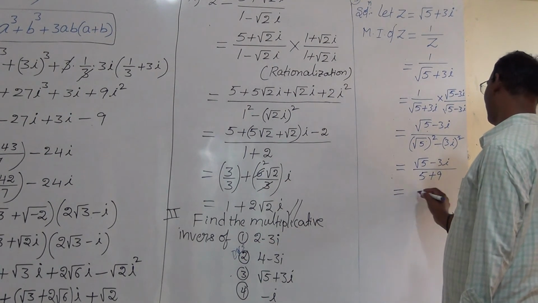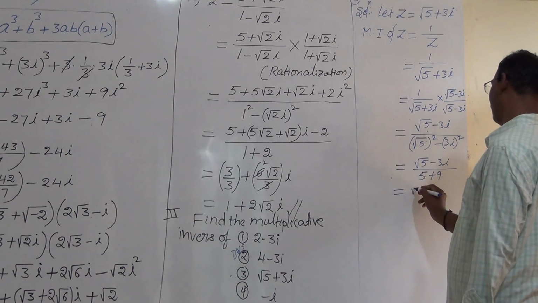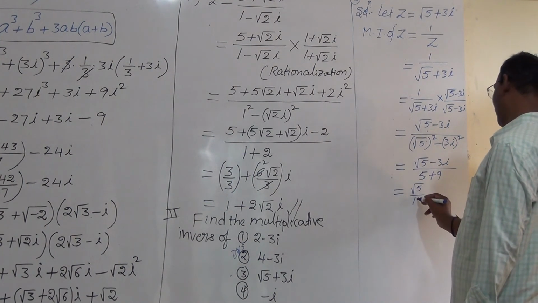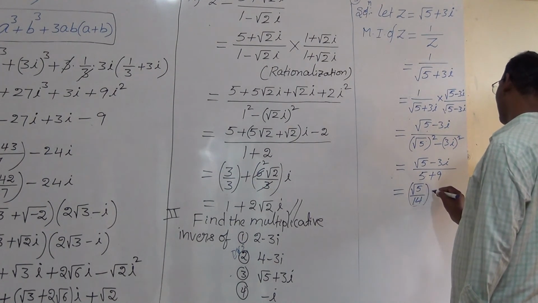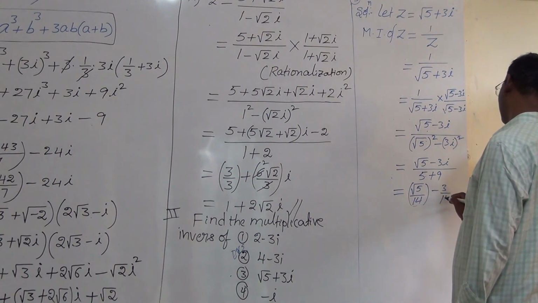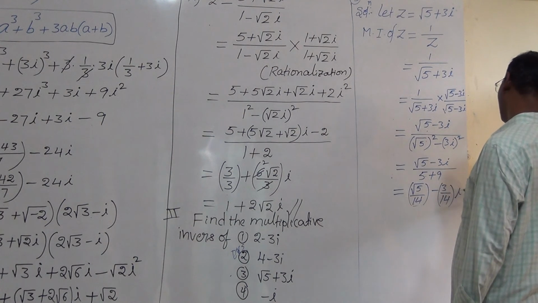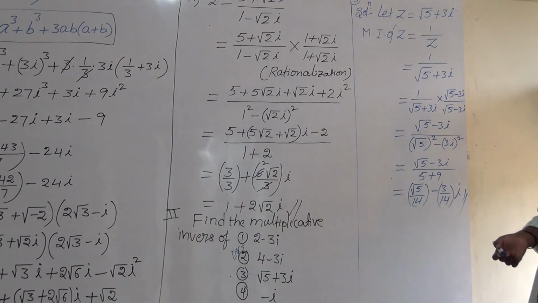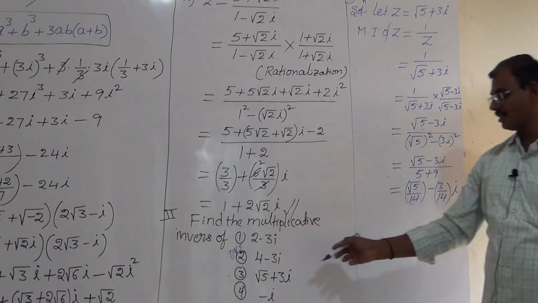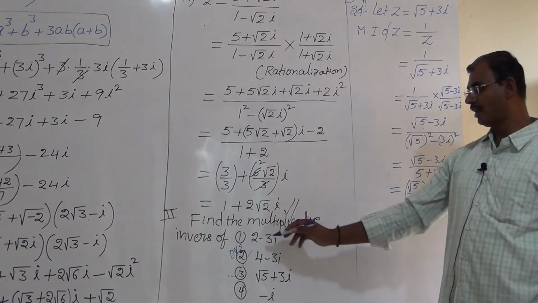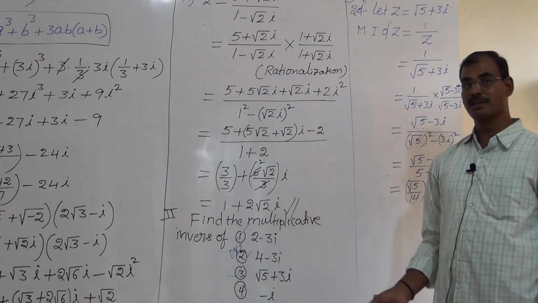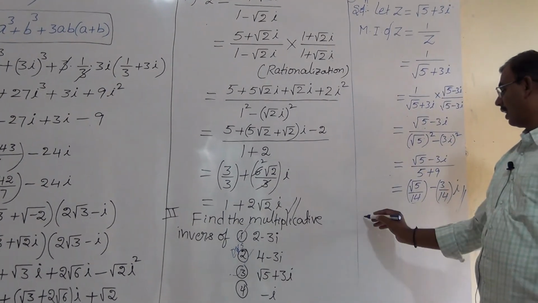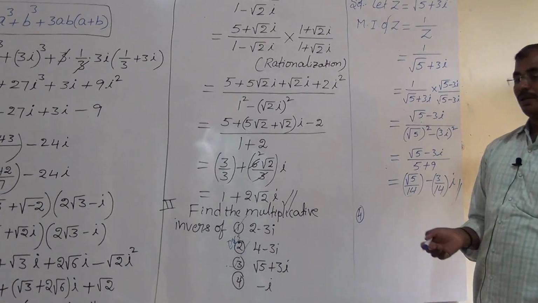So write in the form of a plus iota b: square root of 5 divided by 14 minus 3 divided by 14 into iota. So we got it in the form of a plus iota b. So this is the third question. I completed the first question and third question. The second problem also we do like this. And the fourth is very simple.